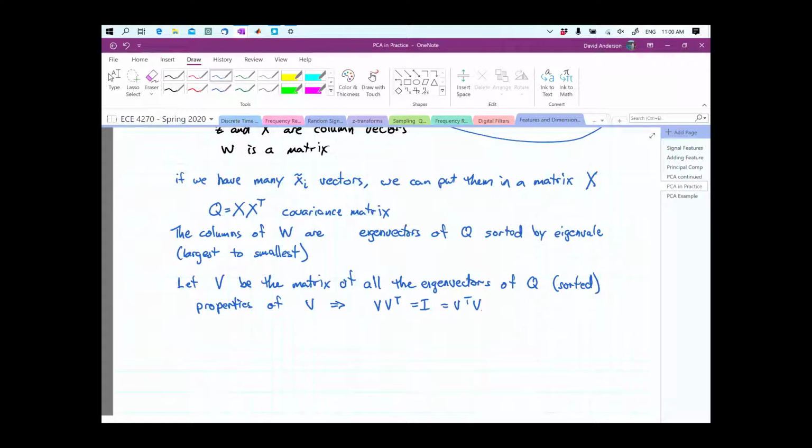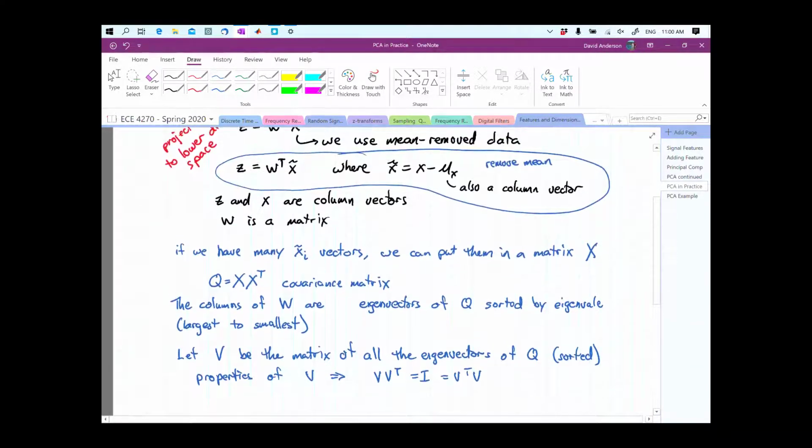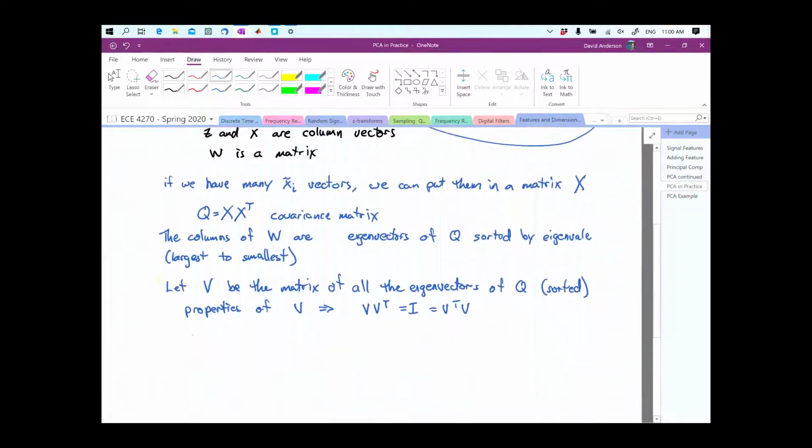So this is a really handy little way to go. Why is that? Well, let's just assume right now that we wanted Z equal to V transpose times x, and we wanted to get x back.